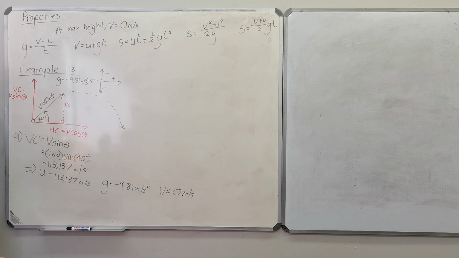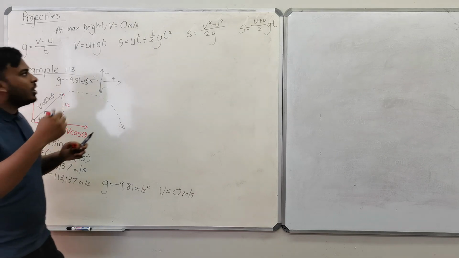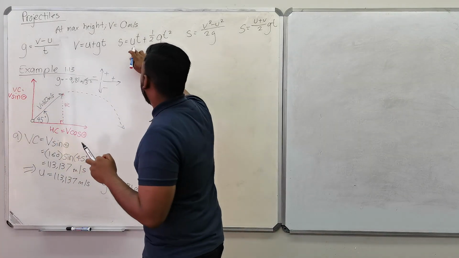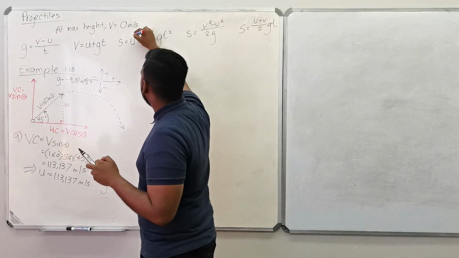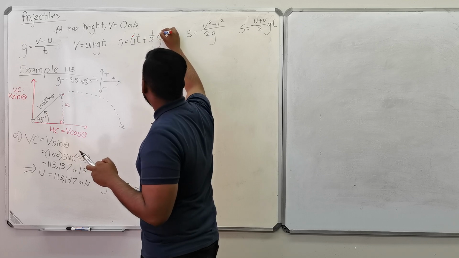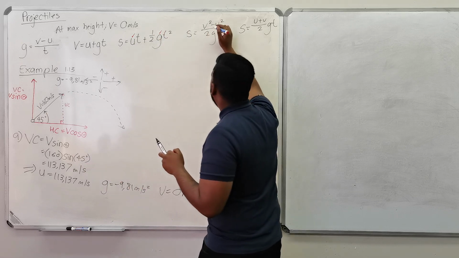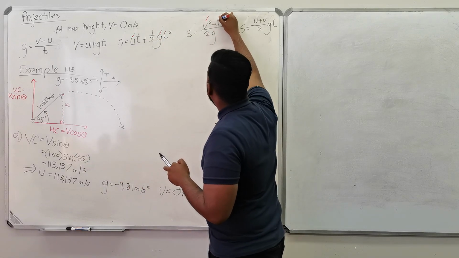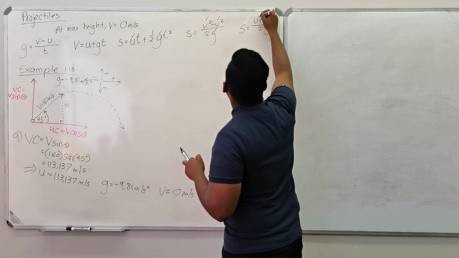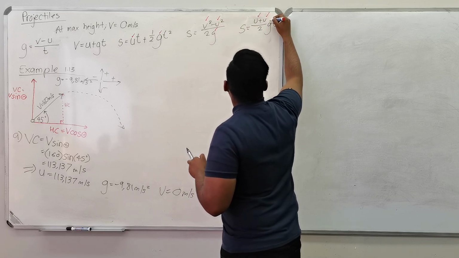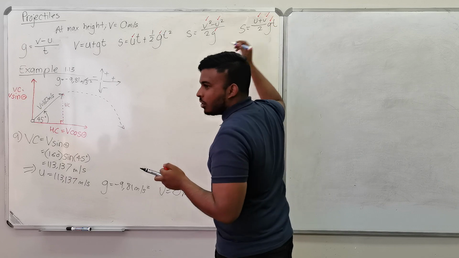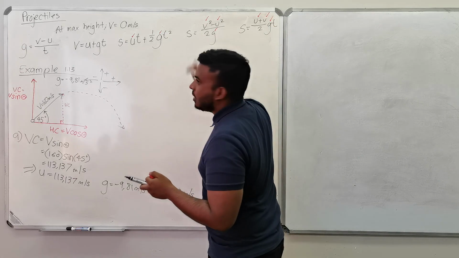Now we will see which formula we can use to work out your displacement. So you want S, so we're looking at the formulas for S. We know initial velocity, yes? Do we know the time? Do we know gravity? Do we know final velocity? Yes. Initial? Yes. Gravity? Yes. Time? No. So which formula can we only use? That one.